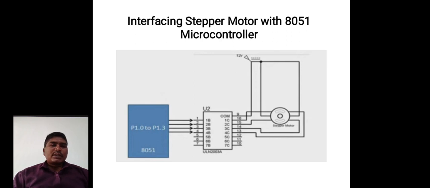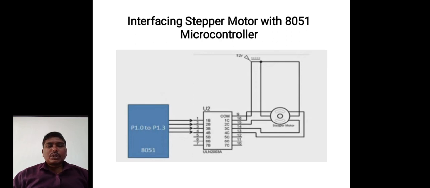Here you may ask, what is the need for the driver circuit, that is ULN2003A? Whatever current is drawn by these 4 pins is not sufficient to excite the coils of the stepper motor. So we want to boost or amplify the current.